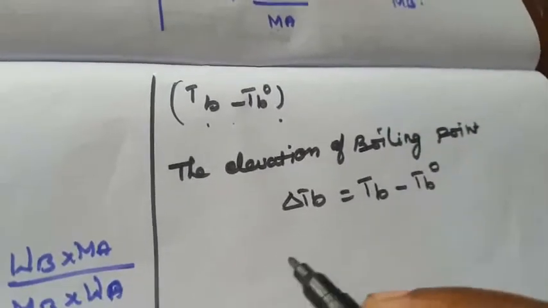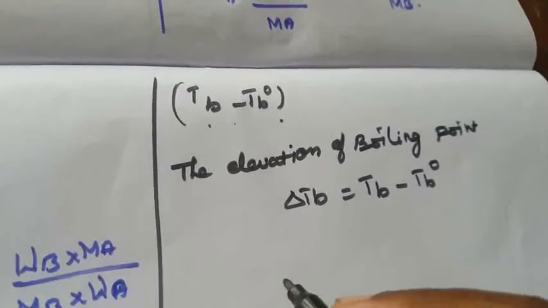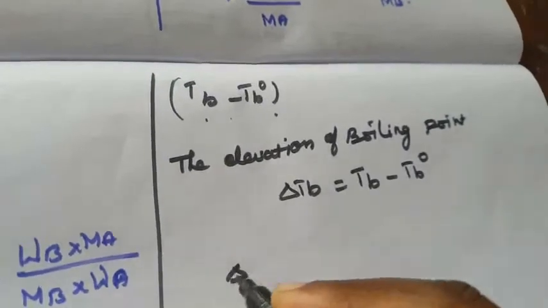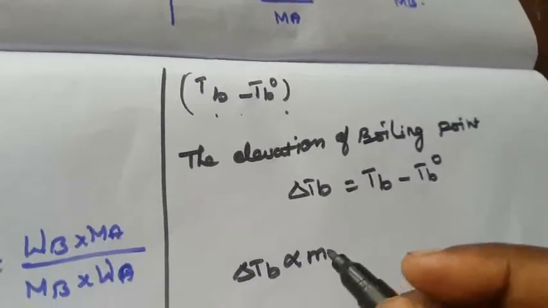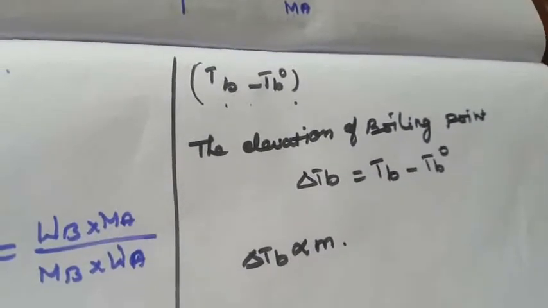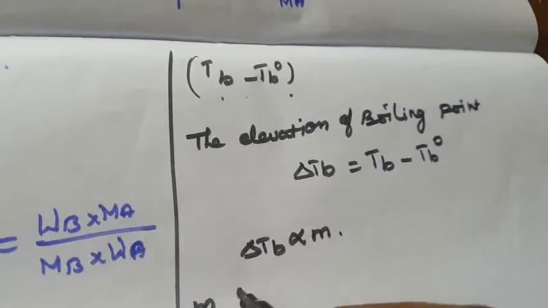The elevation of boiling point is directly proportional to the molality. So delta TB is directly proportional to the molality, which is the concentration of the solution.